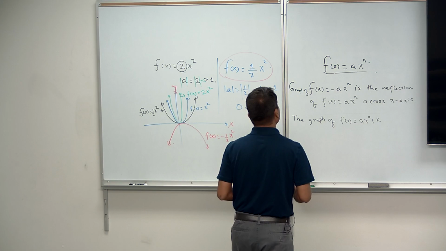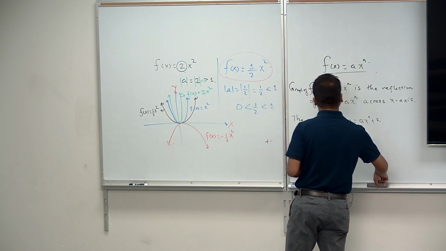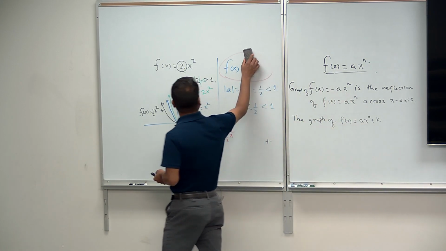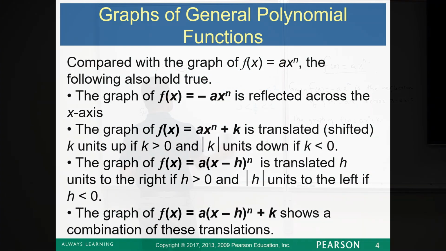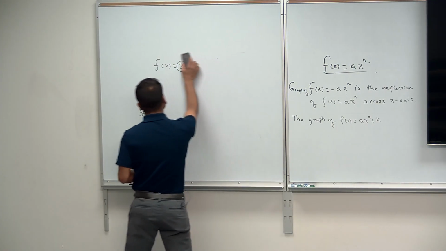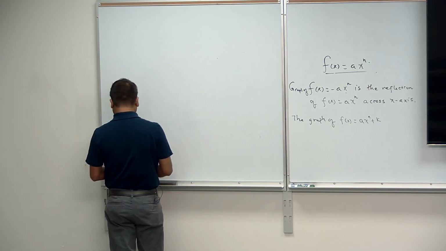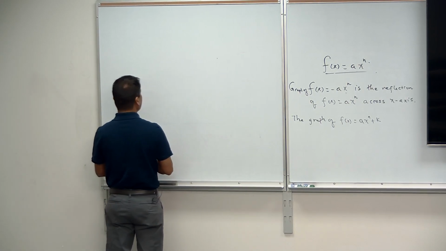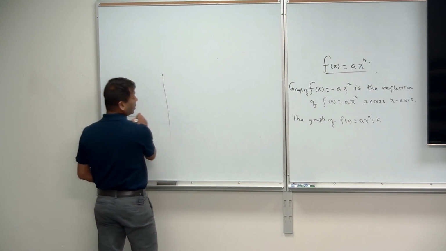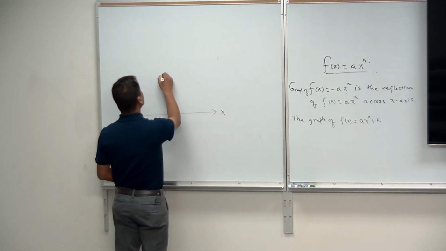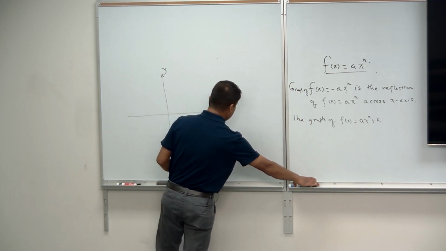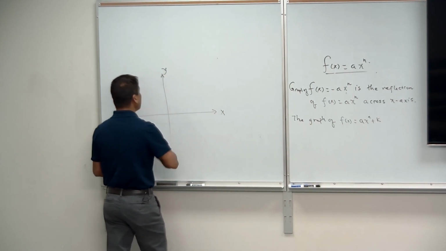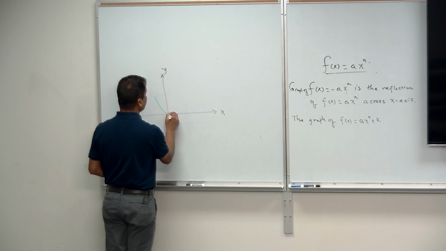Right? So for a particular example, you have a very simple example, okay? So this is your x-axis, this is your y-axis, and you have a graph of the function, let's say f(x) = half x squared.